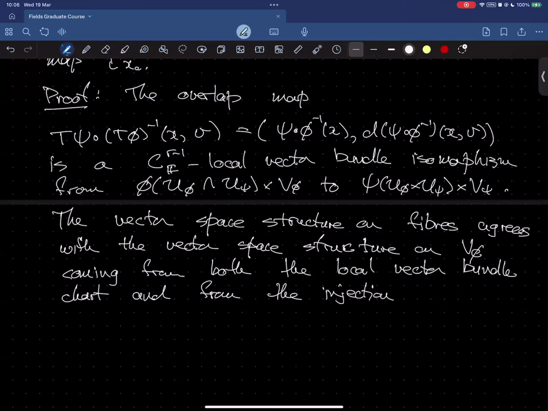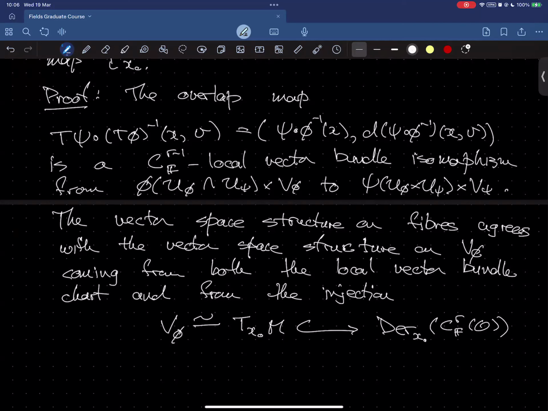So when I proved this linear injection property of the mapping tau x0, what I did was I showed first that these sets are in bijective correspondence, and then I had an injection into the set of derivations. And what I actually showed in the proof was that this map was linear.